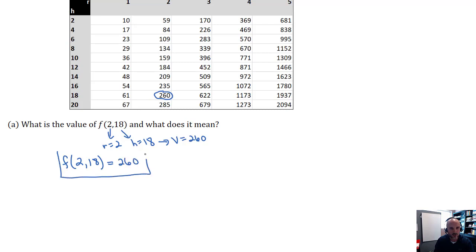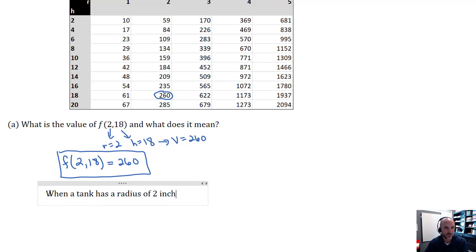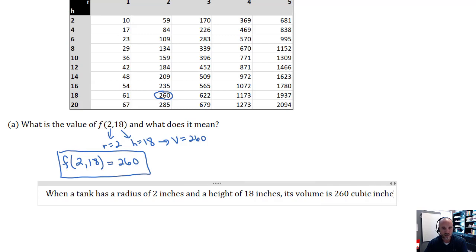That's the first part of the question. And what does it mean? Well, it means when a tank has a radius of 2 inches and a height of 18 inches, its volume is 260 cubic inches. So pretty simple.